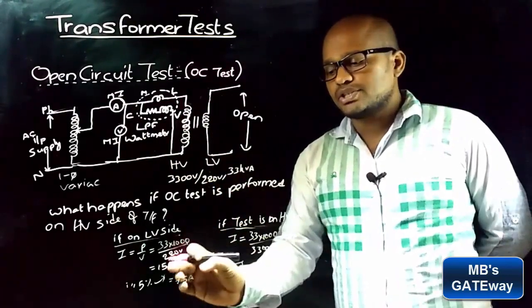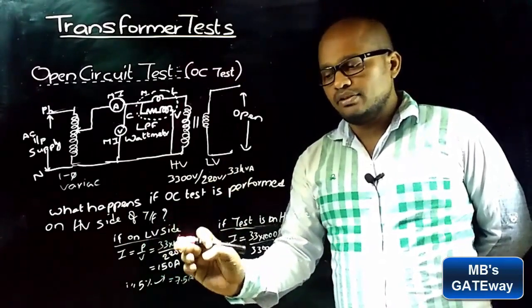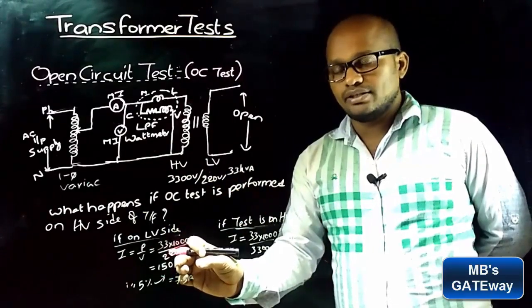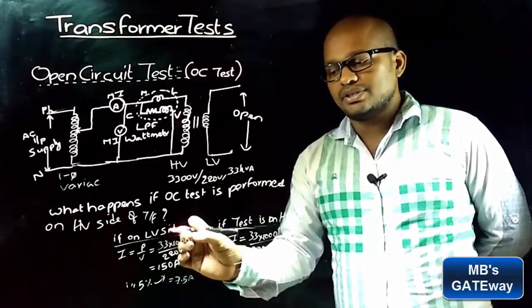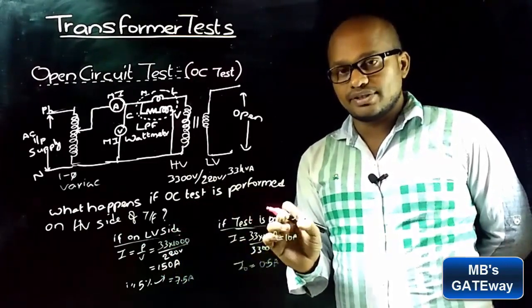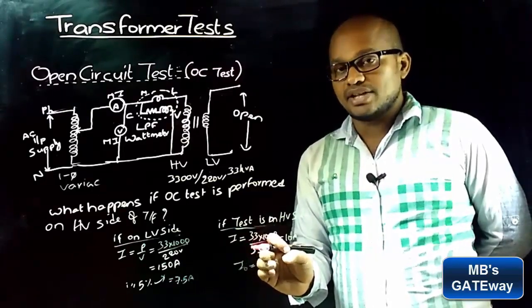And coming to the no load current I0, if the test is performed on the LV side, we get a current of 7.5 amperes. As this value of current can be measured with readily available meters, the accuracy is good. But in the case of the test on the HV side, the no load current is 0.5 amperes and this value can't be measured accurately.